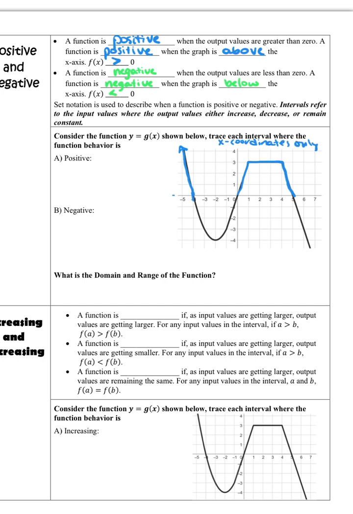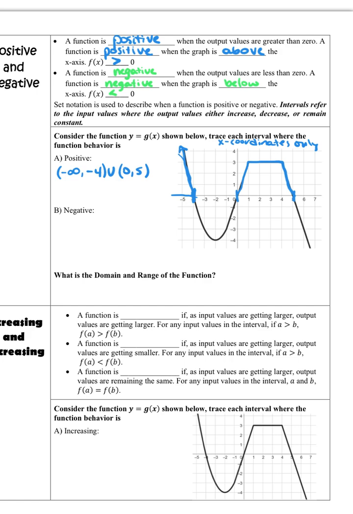So from negative infinity to -4, and we're going to use a parenthesis, and then from 0 to 5. We use parentheses because technically it can't be equal to this number, so it's just every number below it.